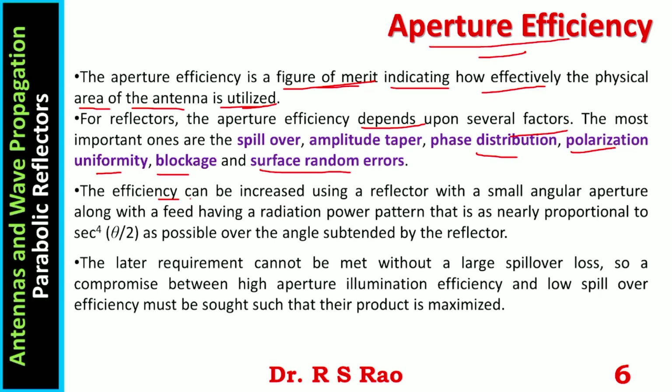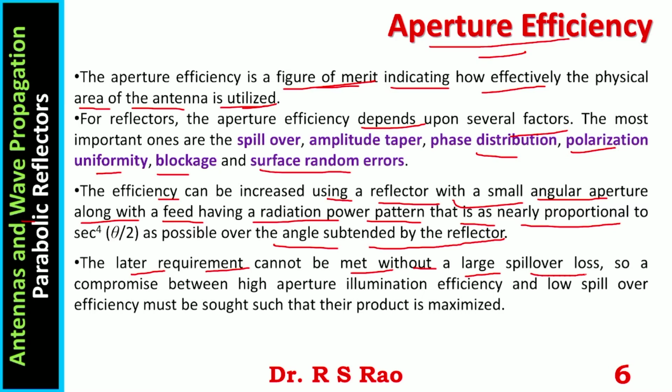The efficiency can be increased using a reflector with a small angular aperture along with a feed having a radiation power pattern that is nearly proportional to secant theta by 2 to the power 4 over the angle subtended by the reflector. The latter requirement cannot be met without a large spillover loss.